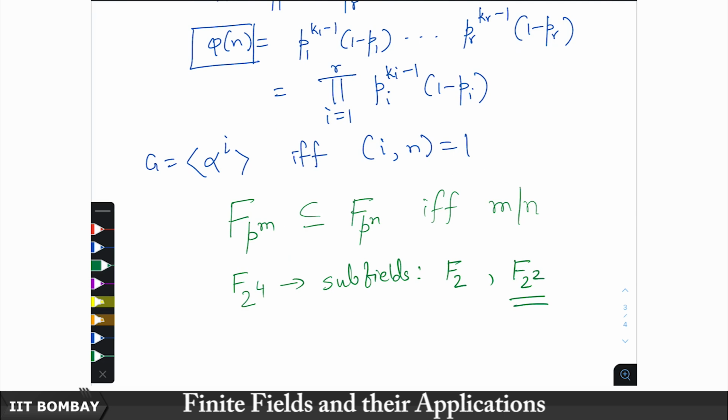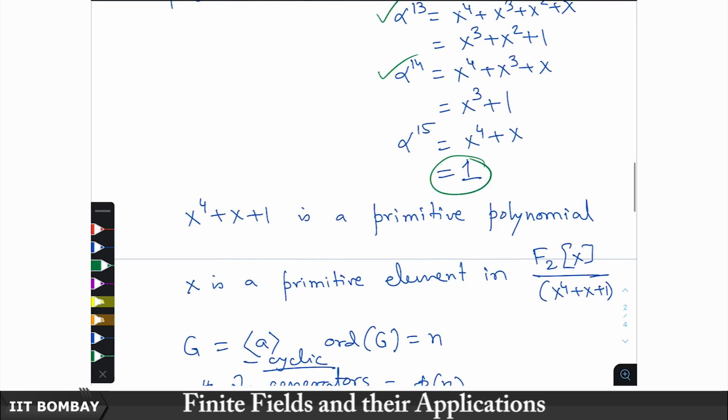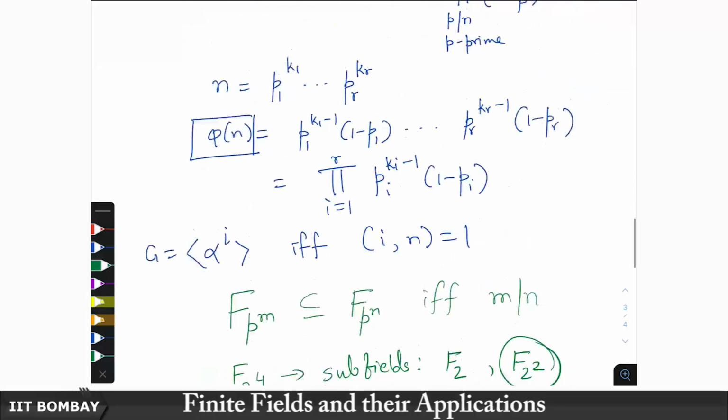So, there is a cyclic group of 3 elements, right. The non-zero elements of F2 power 2, because it is also a finite field, its non-zero elements form a cyclic group. So, now here we have a cyclic group of order 15. What is that cyclic group?